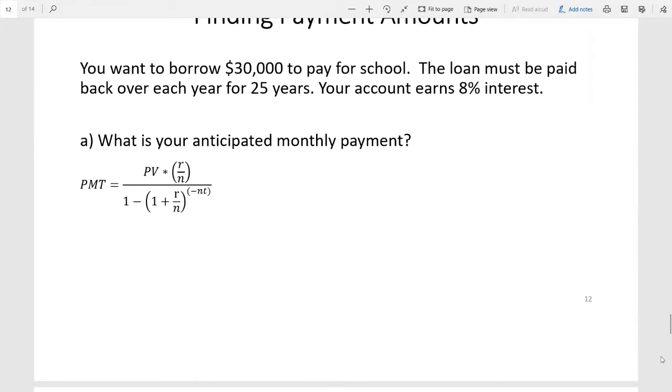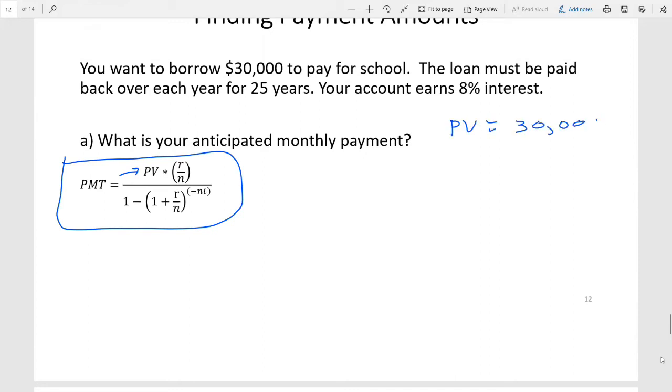Okay, we're going to use this formula for the payment, where the principal value is the amount you borrow. So PV is $30,000. R is 0.08, the interest rate in decimal form.